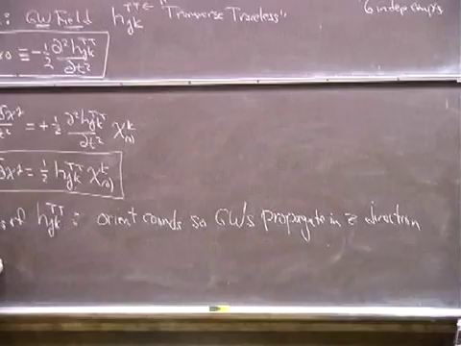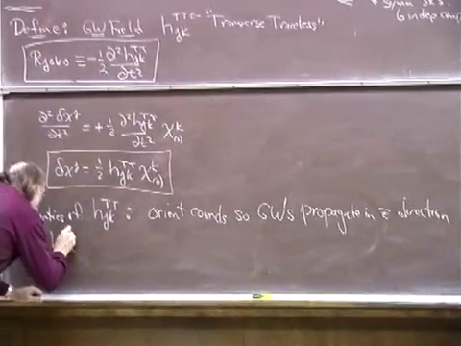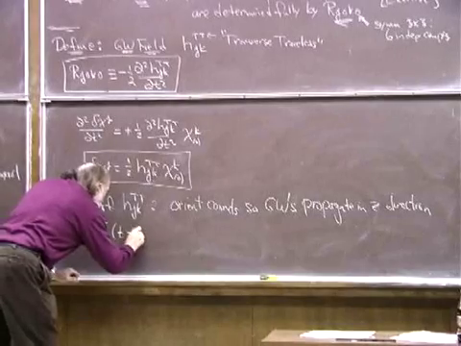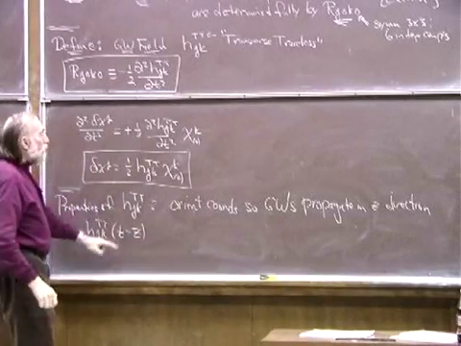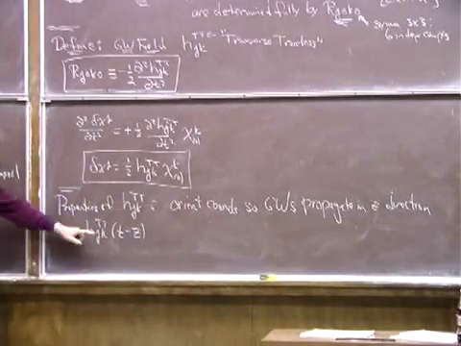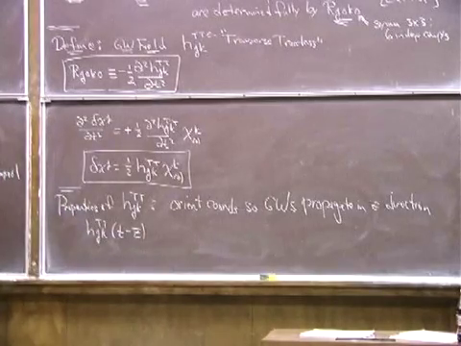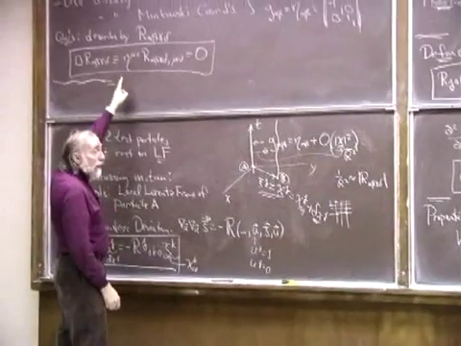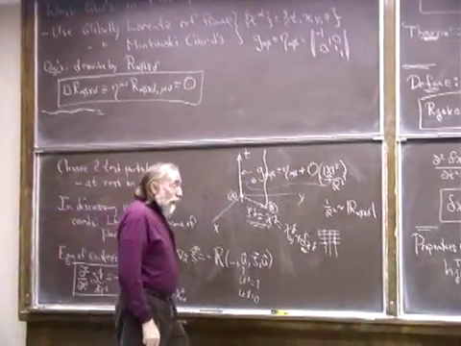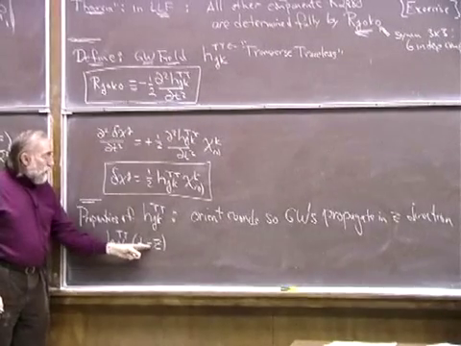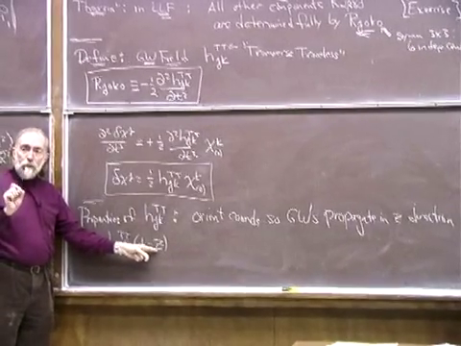Then I have that h_jk^TT is a function only of t minus z. These are plane gravitational waves. They propagate with the speed of light, as we know from the wave equation that the Riemann satisfies. And so something that propagates in the z direction with the speed of light is a function just of t minus z. The speed of light I've set equal to unity, remember.